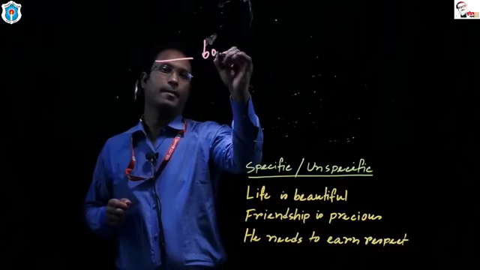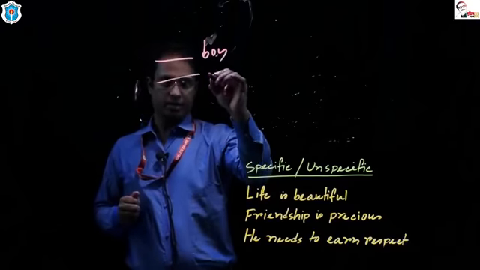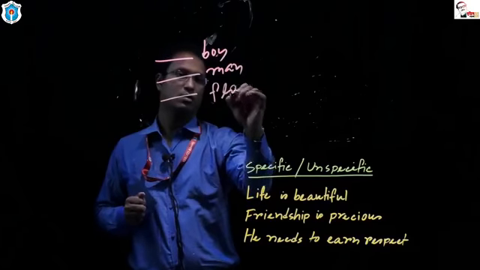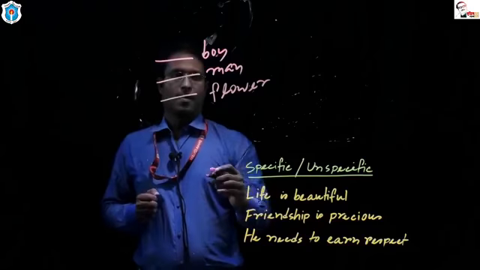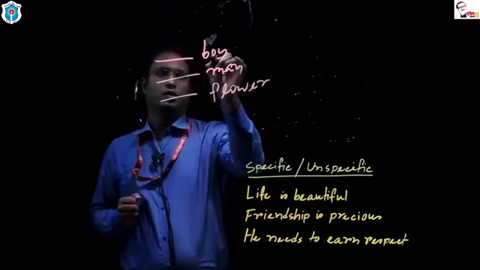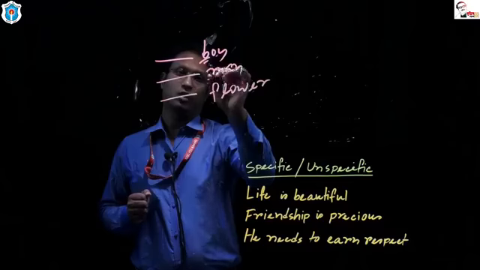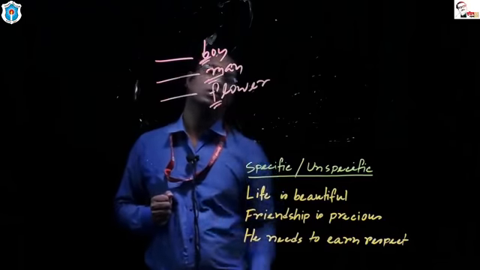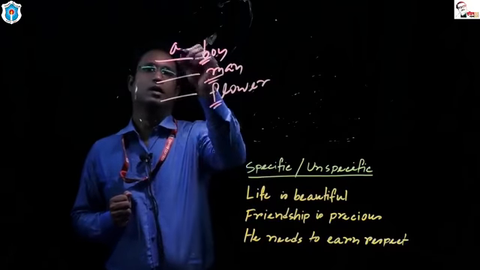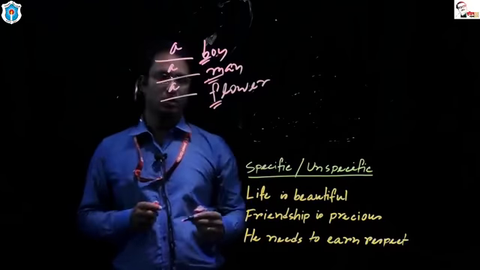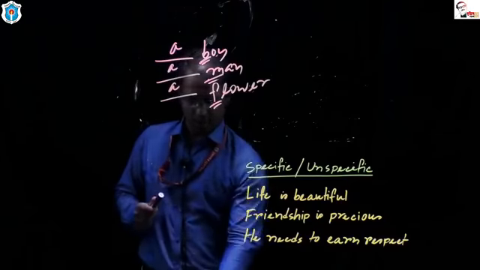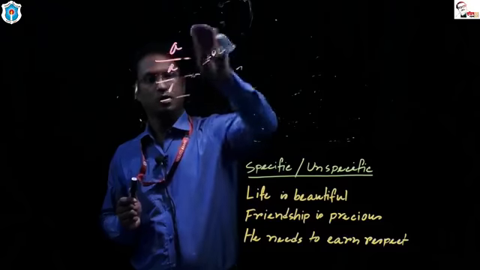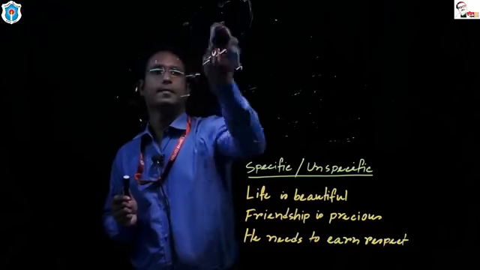Suppose boy, dash man, dash flower, etc. So B, it starts with a consonant sound, so we will use here a. Got it? But if it starts with a vowel sound, we will use an. You all know these things.